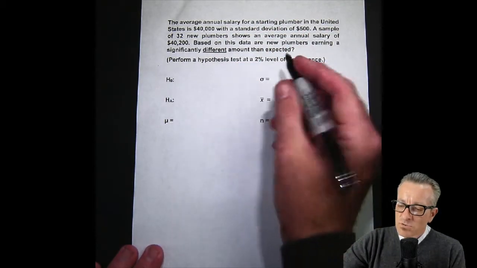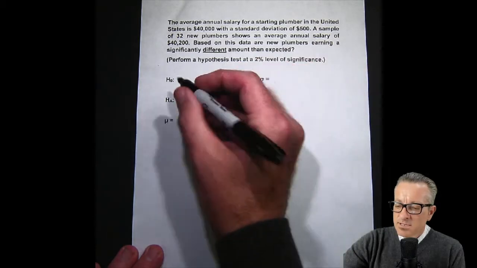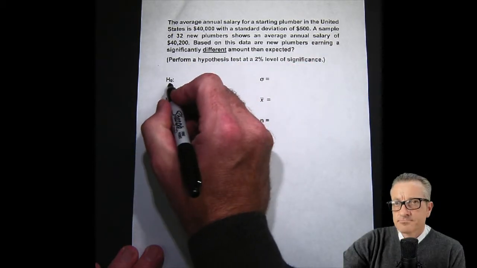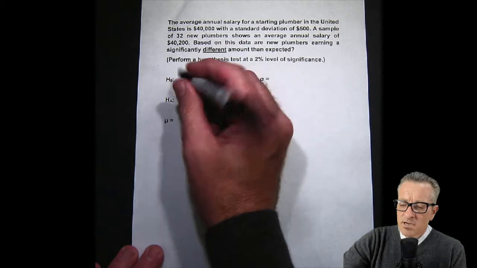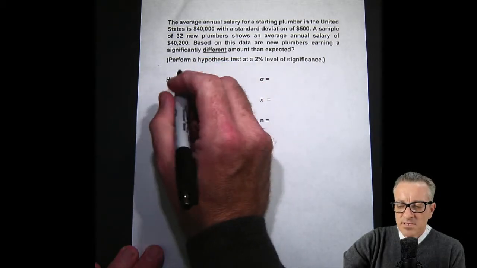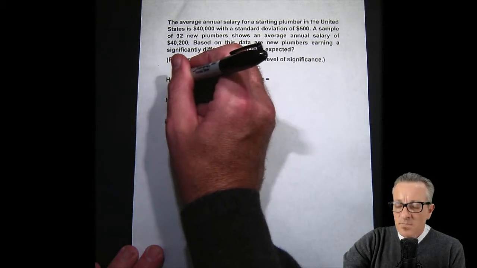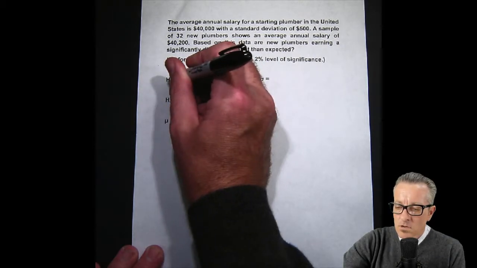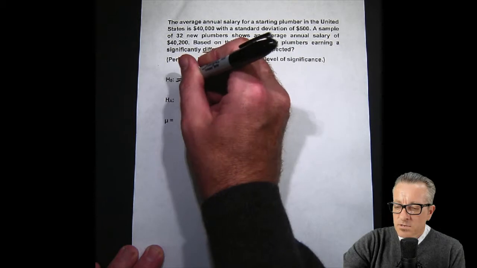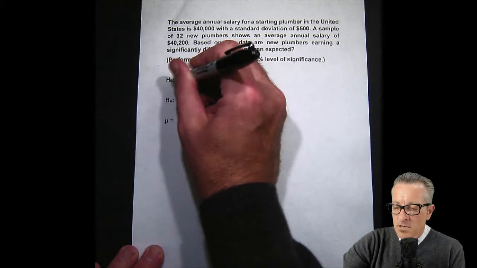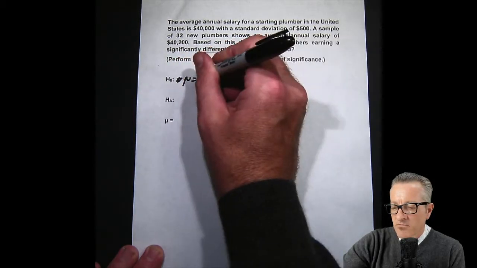Okay, so similar to the last one, our null hypothesis, H0, is mu equals 40,000.